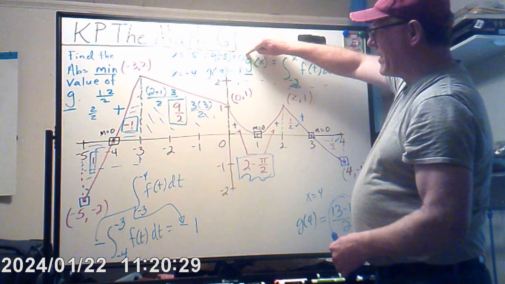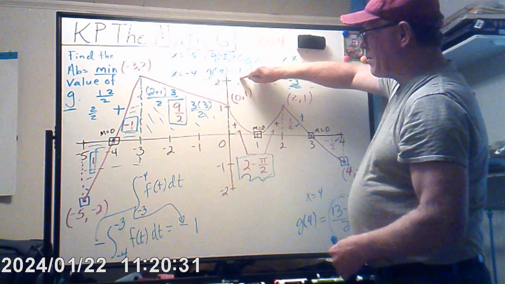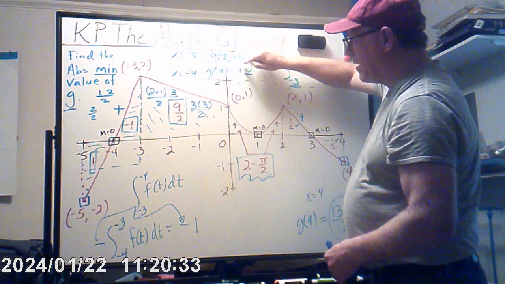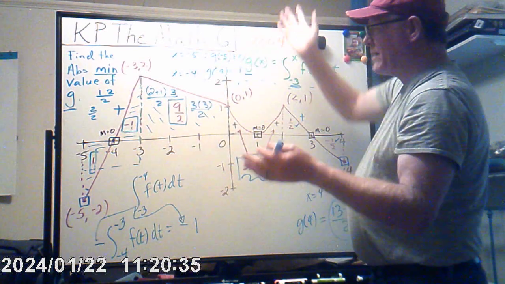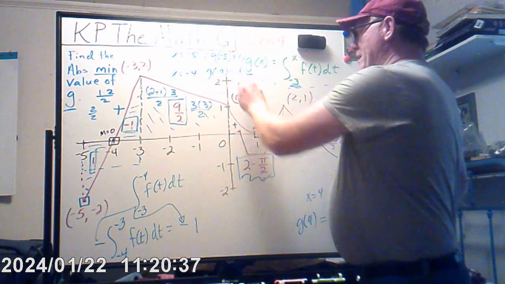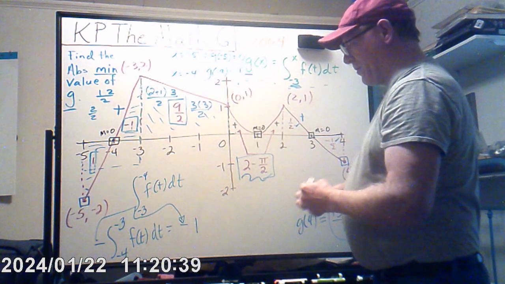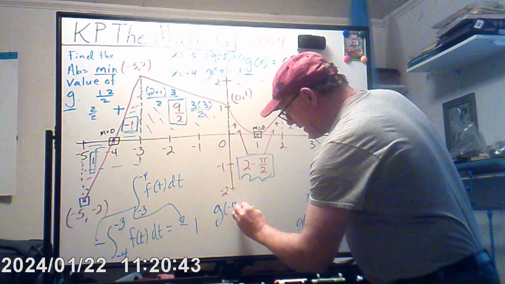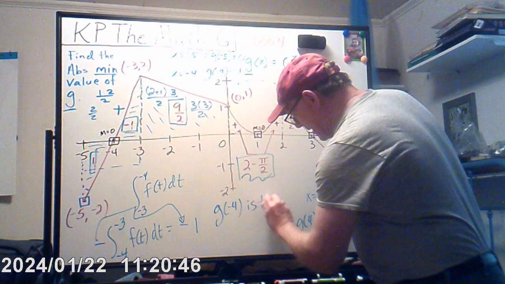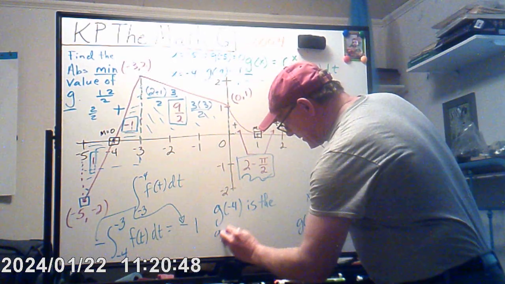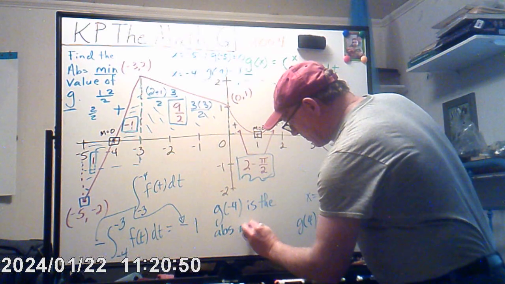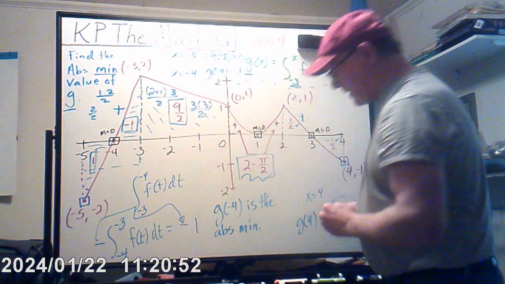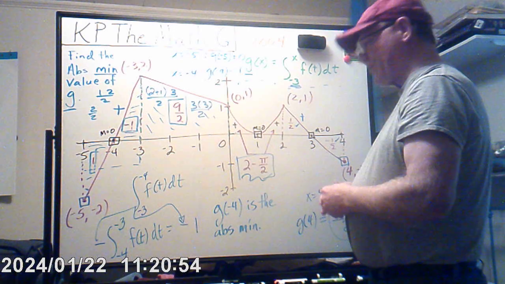We know this is 0, but now this is the lowest one because it's actually negative. This is the only negative one we have. So G at negative 4 is the absolute minimum. And that's actually what they asked for here.